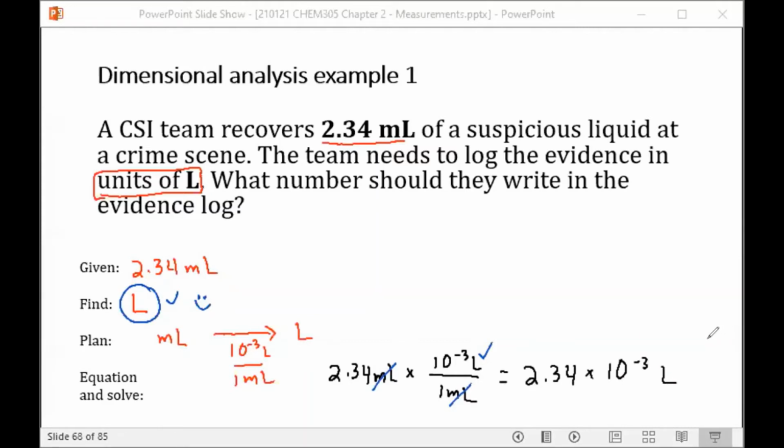Last thing you always want to do is check your sig figs to make sure when you report your final answer, it has the right number of sig figs. So we started out with 3 sig figs in our given value, and our conversion factor, because it was metric system to metric system, just in that prefix table, had infinite sig figs. So our final answer should have 3 sig figs, which it does.